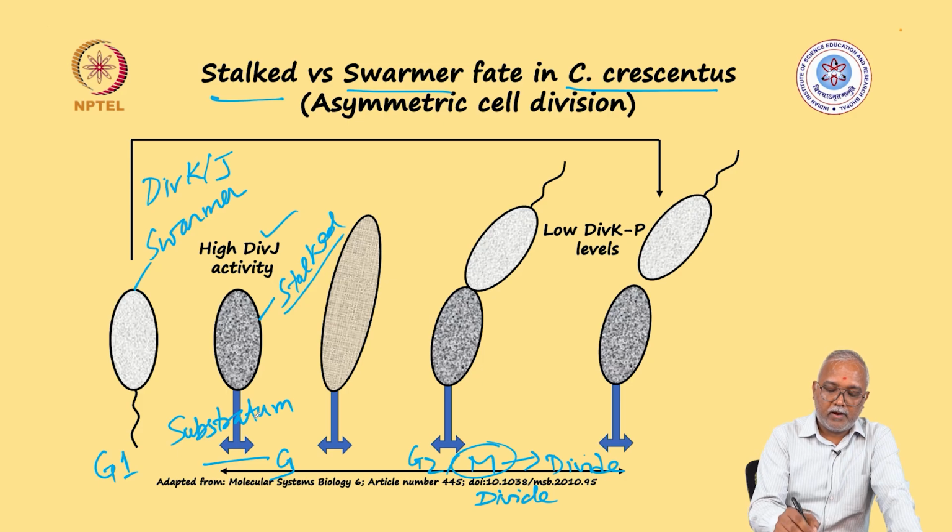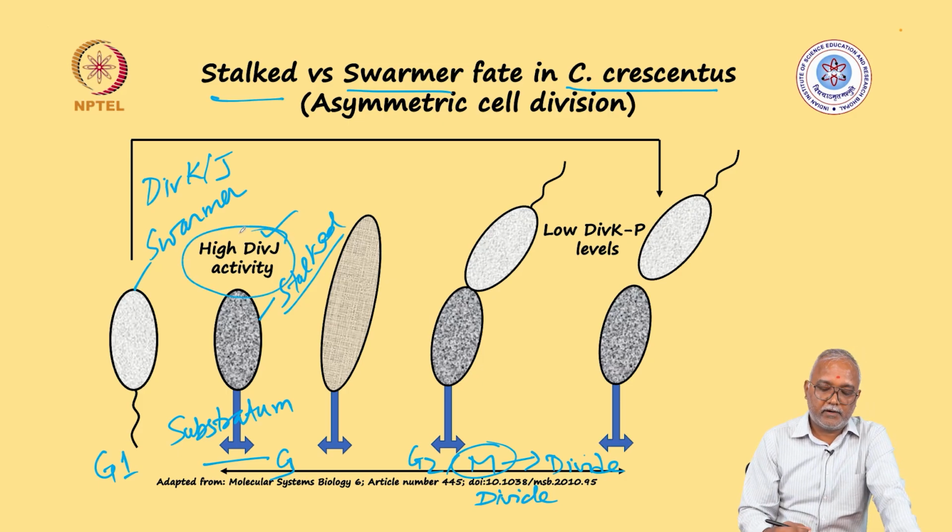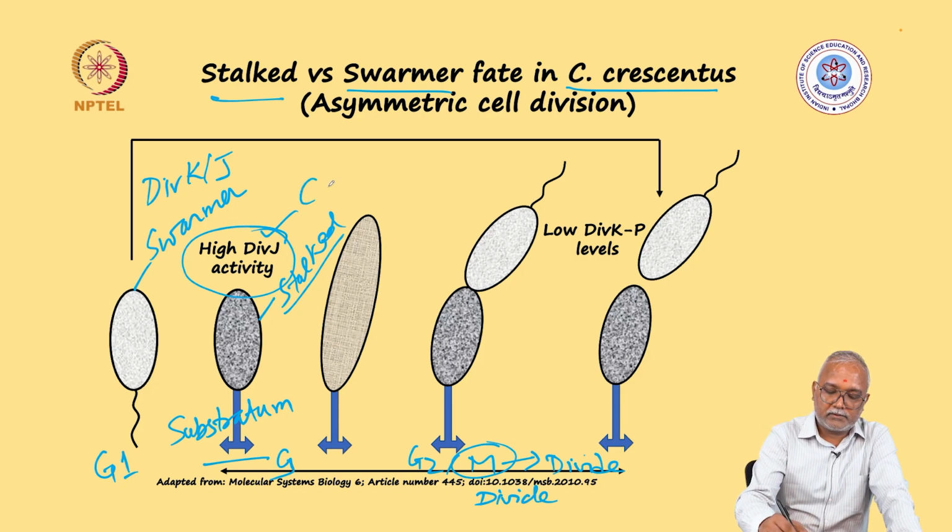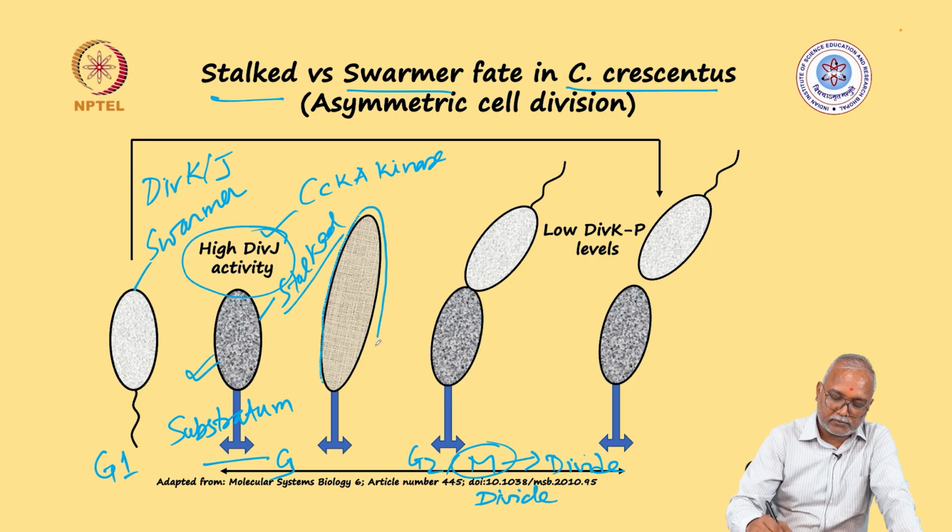You will have activity of the DIV-J, DIV-K. You will activate the CCKA kinase, and you will ensure that you will have more of the dephosphorylated molecule, and eventually what will happen is that once these cues are set in, the bacteria elongates, becomes bigger, transcription of those cell cycle genes comes into play, and then the division happens.